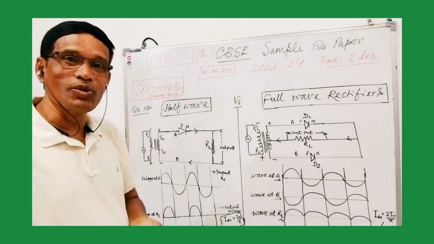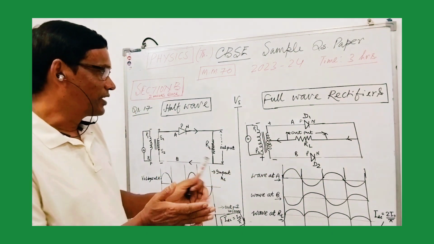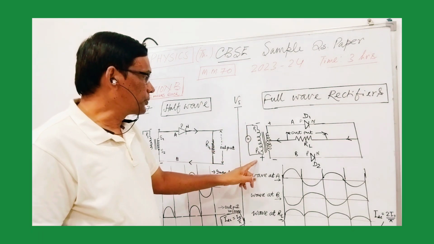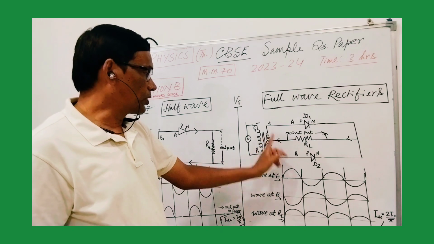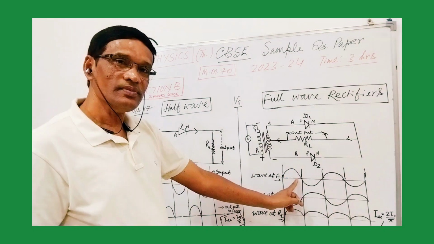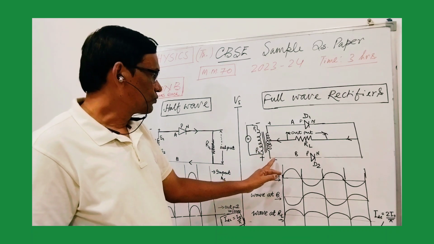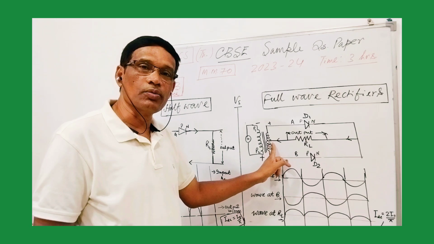So see technically what happens here. When diodes D1 and D2 are connected in such a fashion, you will be getting, let us say, P1 and P2. For the positive half, P1 is negative, P2 is positive, this side is negative, this side is positive, and this terminal will be in between.